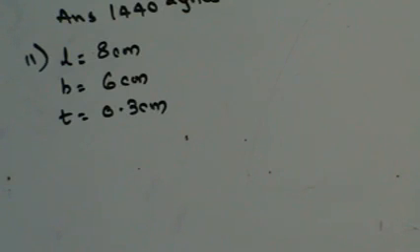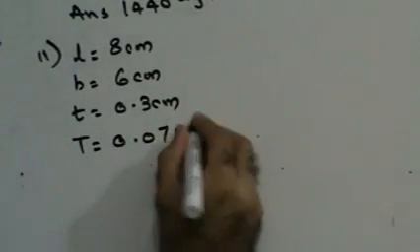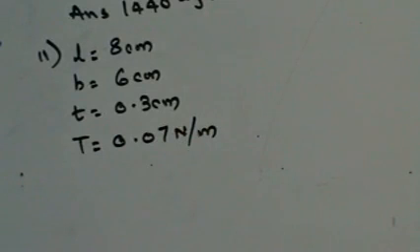What is the force of surface tension if the surface tension of the water is 0.07 newtons per meter? What is the force of surface tension acting on the plate?